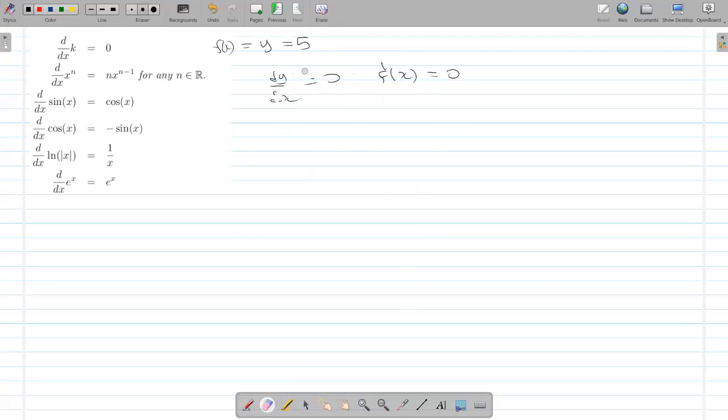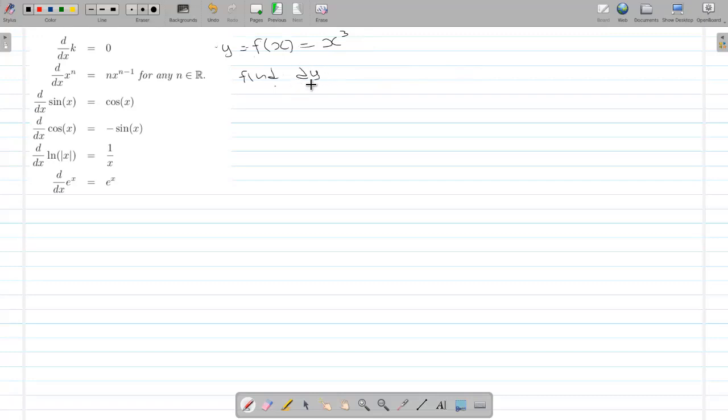Then this power rule you have to learn. Let's say I want to find dy by dx, when y is equal to f(x) equals x to the cube.